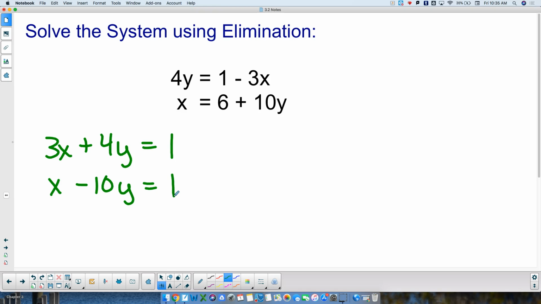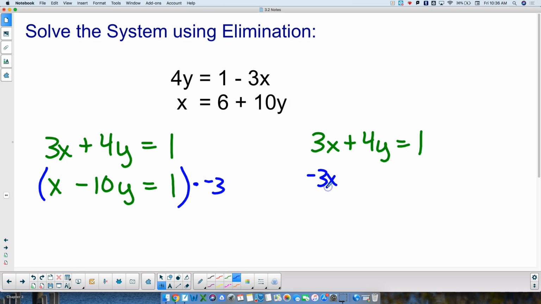I could multiply the top equation by 5 and the bottom equation by 2. That would eliminate my y's. Or I could multiply the bottom equation by negative 3. That would give me 3x plus 4y equals positive 1. And I have to multiply by negative 3 so that I get negative 3x there.